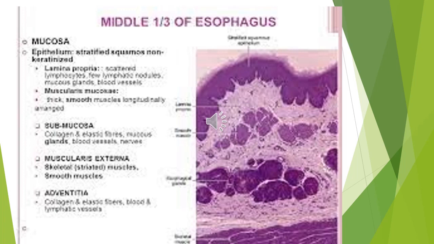They are intermingled because we are discussing the middle 1/3, but the arrangement is the same, that is inner circular and outer longitudinal. This area is lying in the thoracic part of your body, so it will be devoid of peritoneum, and so the outer lining will be adventitia.